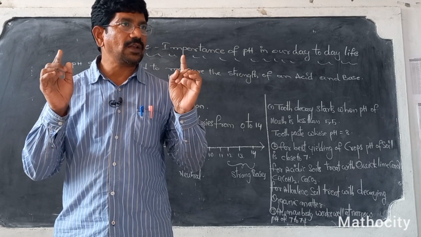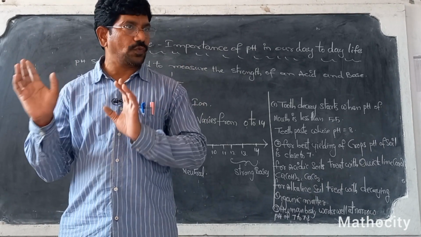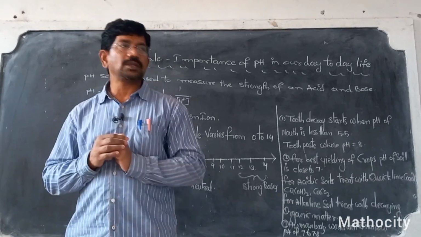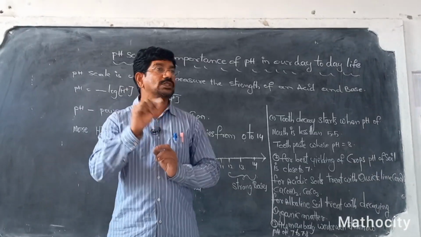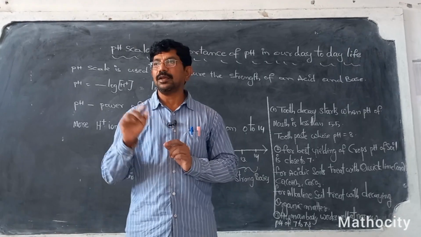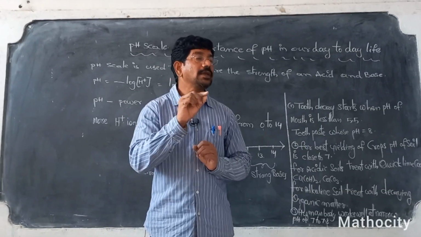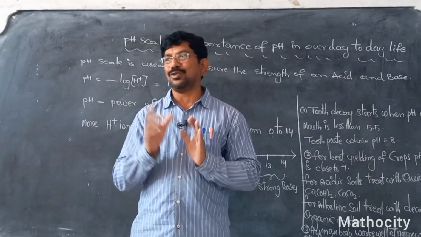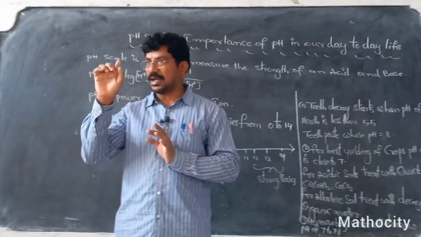The pH scale varies between 0 and 14. For acids, the pH is between 0 and 7, meaning less than 7. For bases, the pH is 7 to 14. For neutral substances or neutral solutions, the pH is exactly 7.